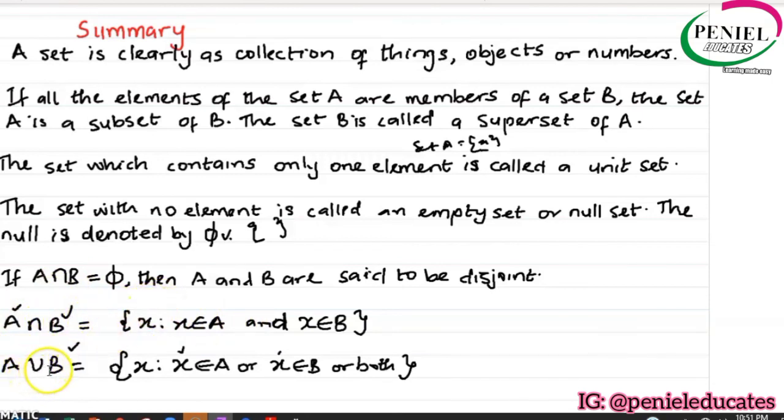All right, so we have A union B: X is an element of A, or X is an element of B, or both. So we can have X be an element of A, or an element of B, and that is what we did the other time when we had three set problems.